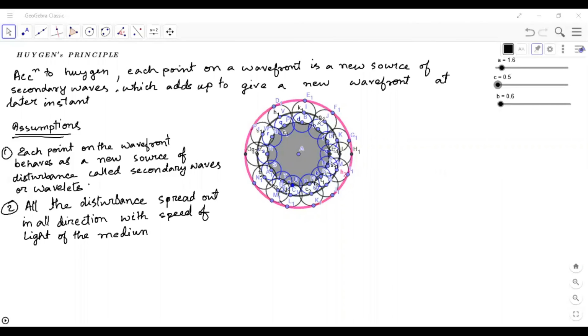So from each point over this wavefront, when light wave is going to emit out, they will be moving out with the speed of light of that medium.